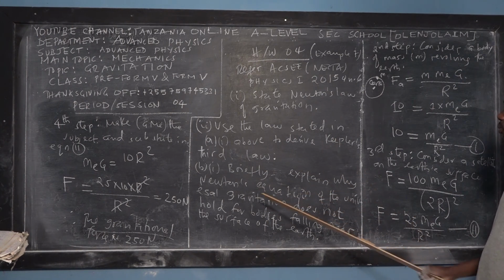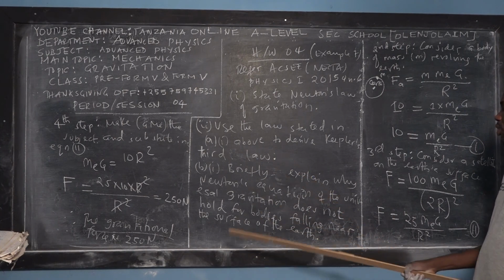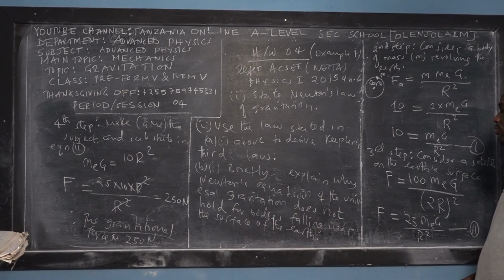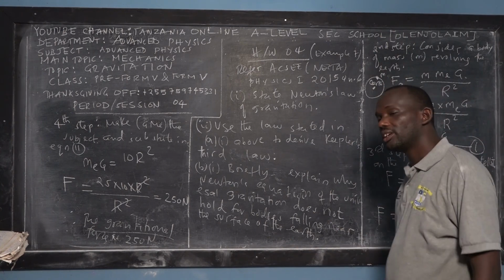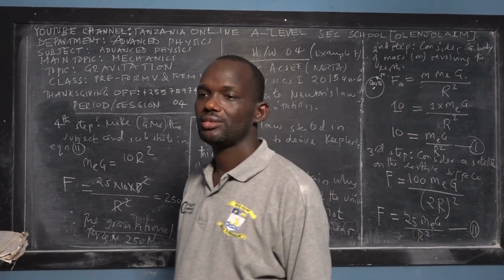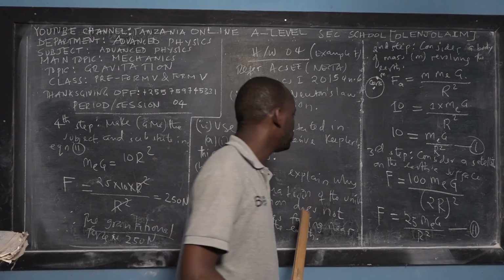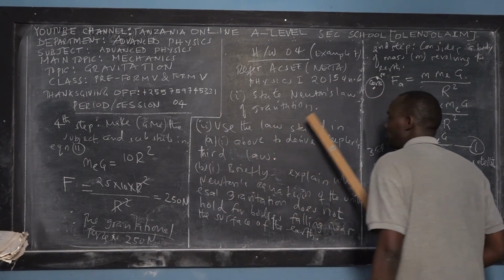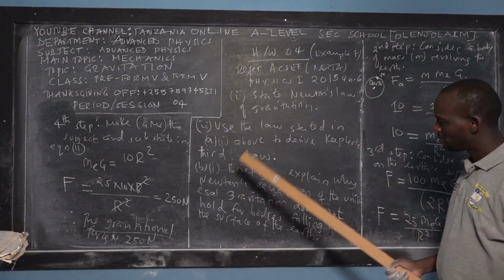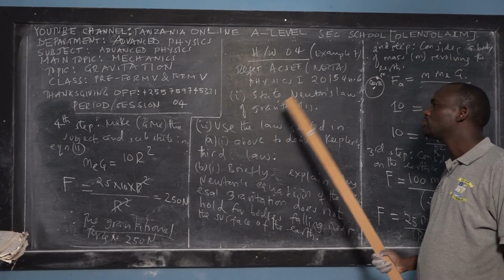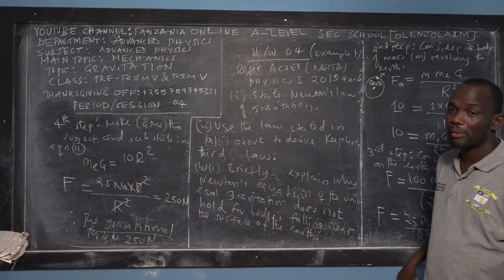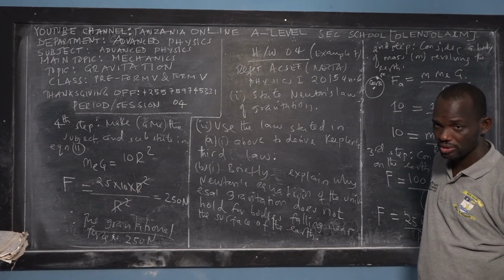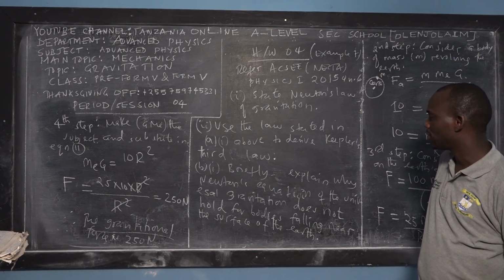Briefly explain why Newton's equation of universal gravitation does not hold for the bodies falling near the surface of the earth. Okay? So make sure that you do it. Remember that sometimes I may do the correction of the homework, or I might not even do it. But you have to do that homework because it's giving you something new, a new concept for you.